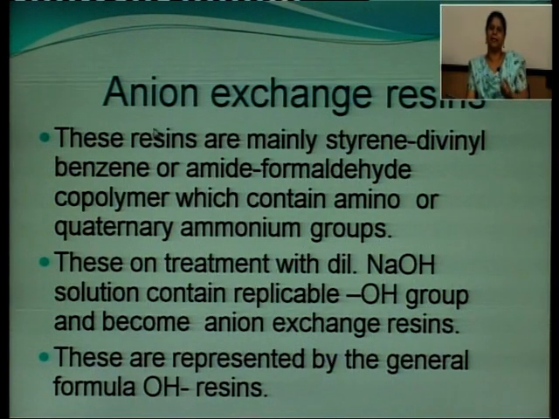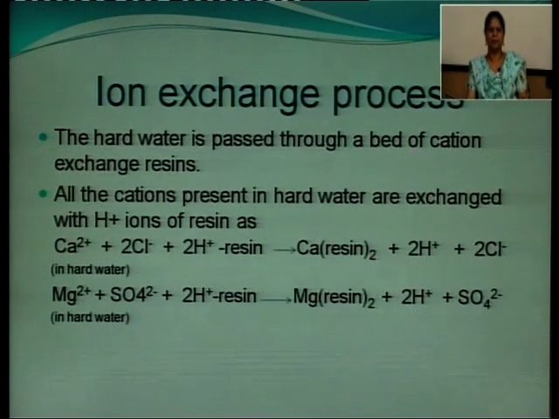As we have represented cation exchange resins by the general formula H ion resin, similarly we can represent these anion exchange resins by OH resin, which indicates that they can exchange this hydroxyl group with the anions which are present in water like chloride, sulfate, bicarbonate, etc.